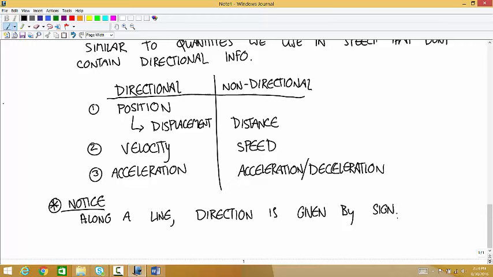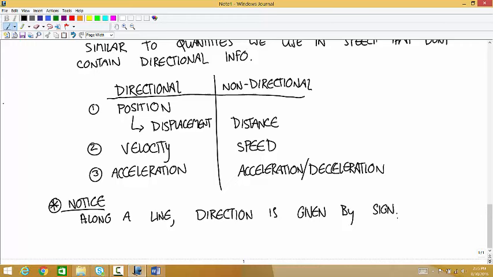And the reason that the sign can be used to give a direction when you're talking about motion along a line is because when you're moving along a line, at any instant you only have two choices of the way to go. And sign has two different properties.